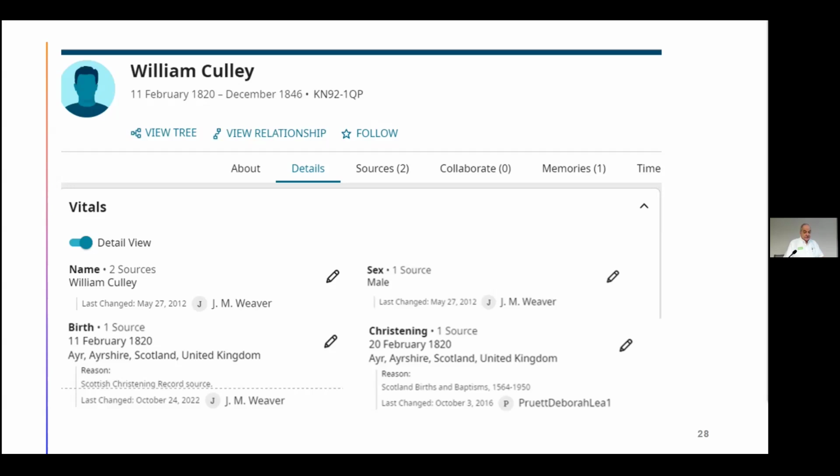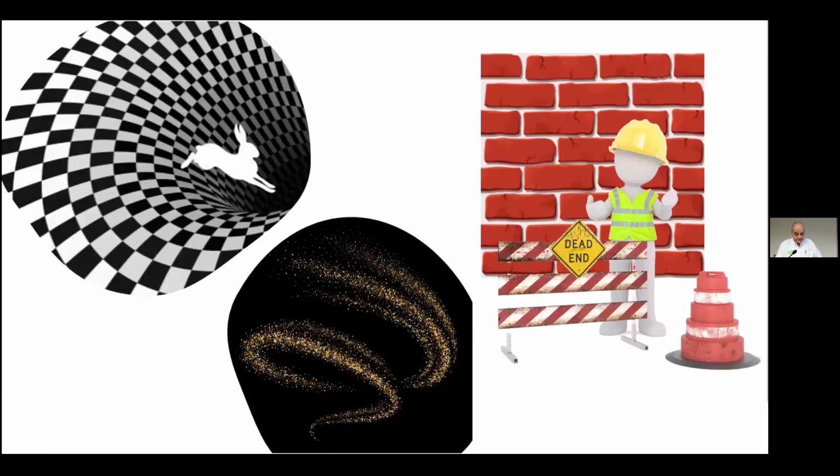Now, there are certain things we get into as researchers. We call them rabbit holes, BSOs, and brick walls. Anybody know what a BSO is? No. Bright, shiny object.